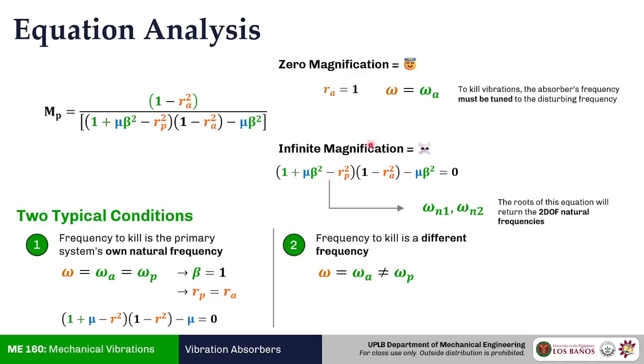So in this case, the absorber's frequency will still chase after the disturbing frequency. While the primary system is no longer coupled to omega, omega A will still chase after omega regardless. So when you have this kind of situation, you just have the generic expression. There is no simplification. You just have to go through it as is.